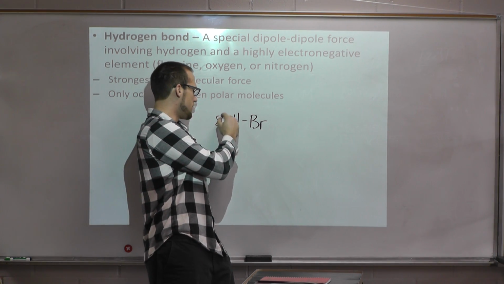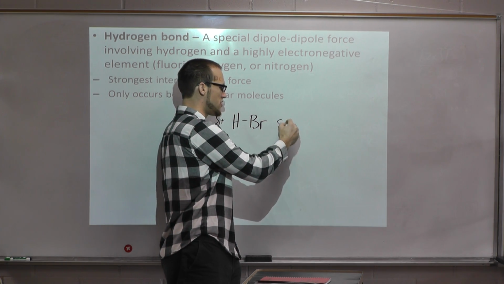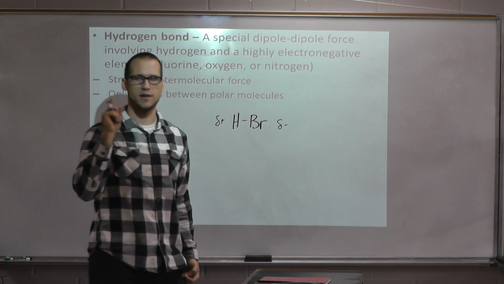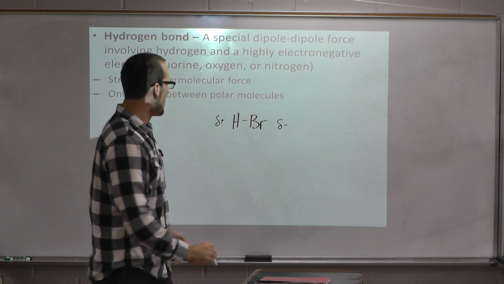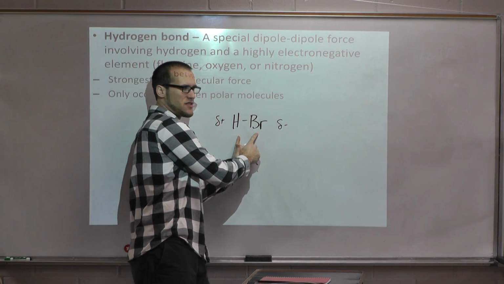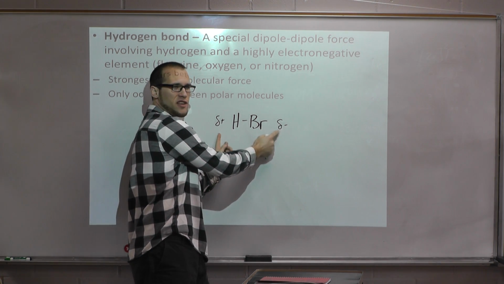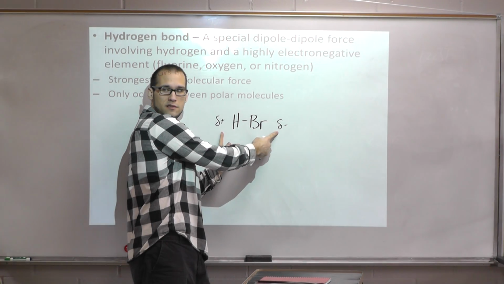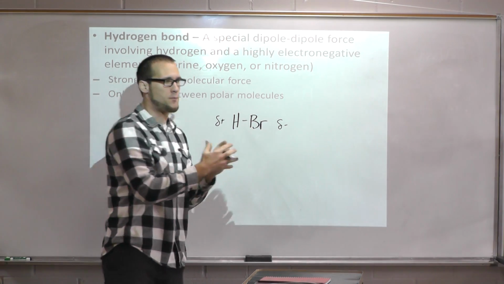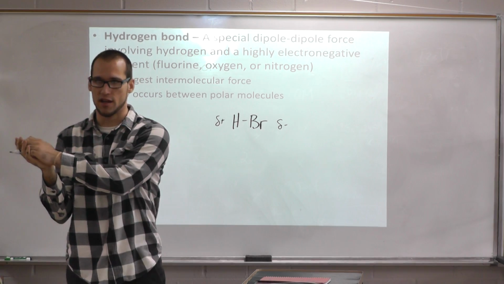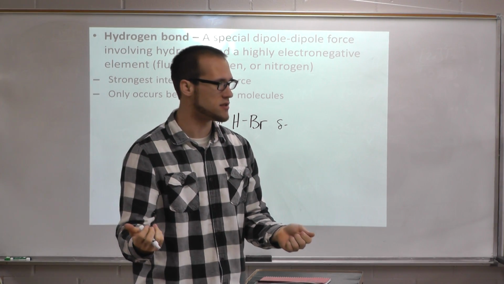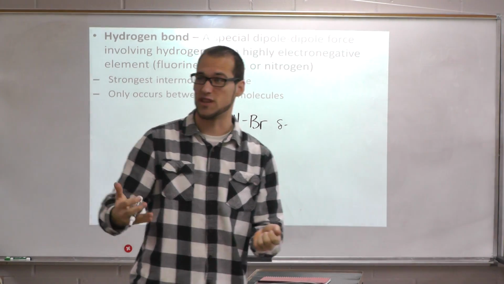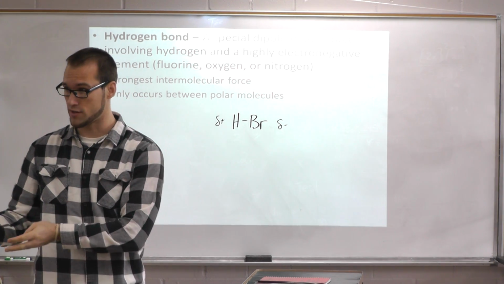On the hydrogen. And the partial negative charge is over here. Now, listen to me very carefully. The bigger the difference in electronegativity here, the stronger these charges are. Does that make sense? You have a bigger charge distribution causing a stronger charge. Stronger charge is going to give you a stronger intermolecular force.